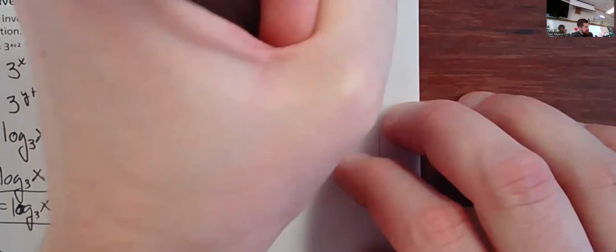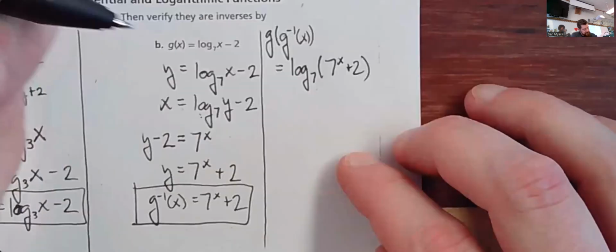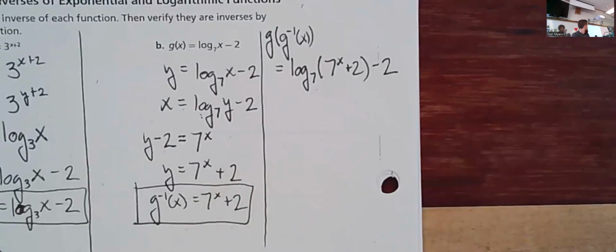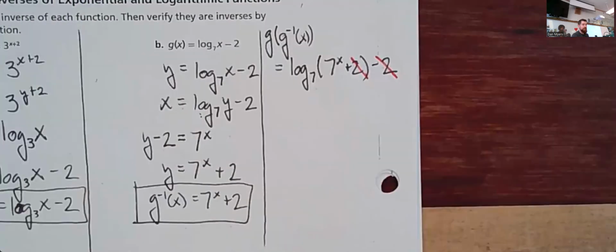So that's going to be log base 7, and then we can use parentheses here, plug in the entire inverse function, 7 to the power of x, and then plus 2, and then minus 2 after that. Then we can actually just cancel out the positive 2 and negative 2 because technically speaking, these parentheses aren't needed. So positive 2, negative 2 cancel.